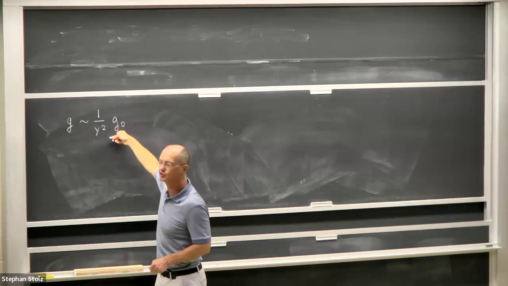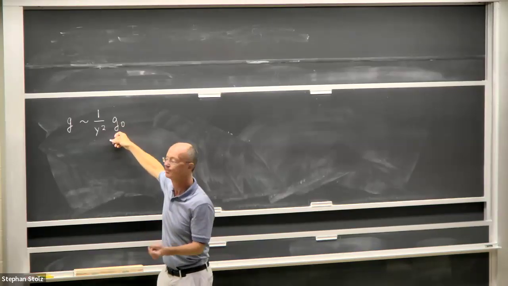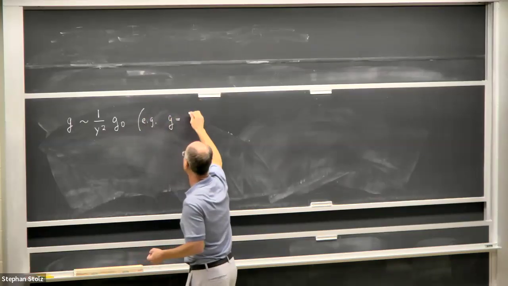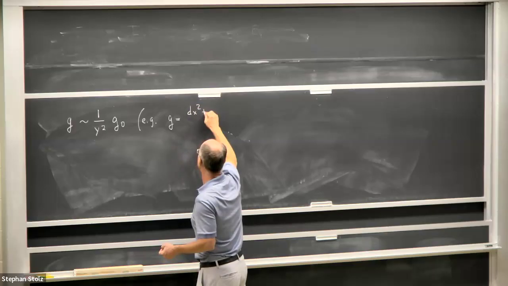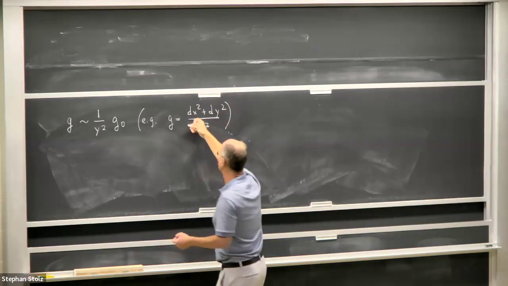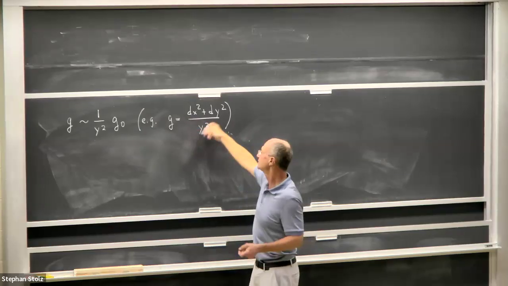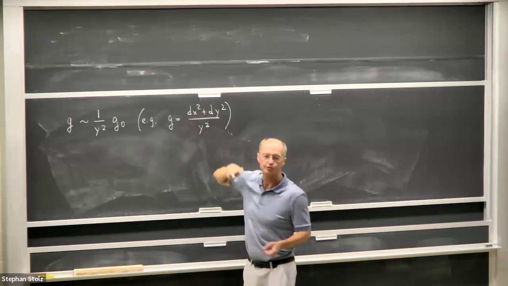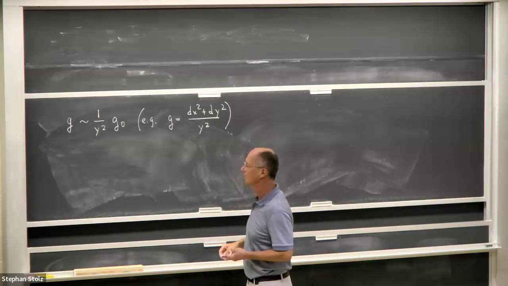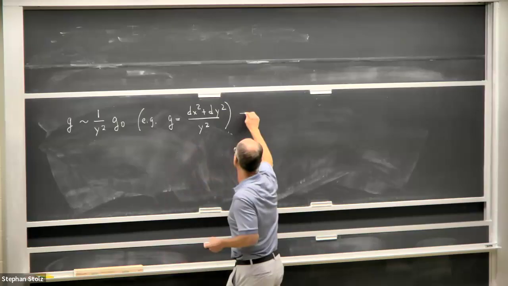And here g naught is another metric which actually extends to the boundary. So you all know a standard example of such a metric, right? That's just a metric on the hyperbolic plane. So we see that it explodes like 1 over y squared. If we take away y squared, then it would be just a Euclidean metric which extends to the boundary. Right. So that's the consequence of boundary terms.